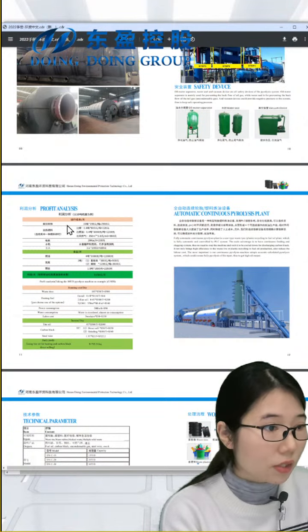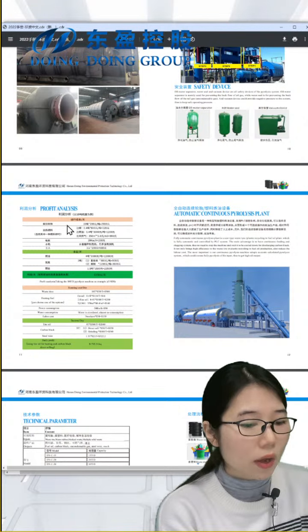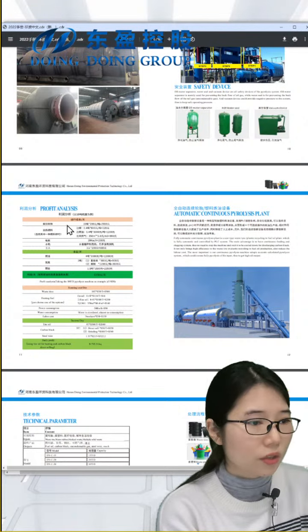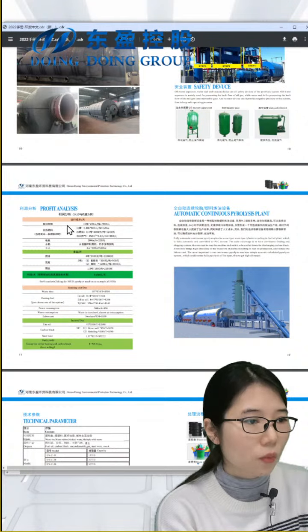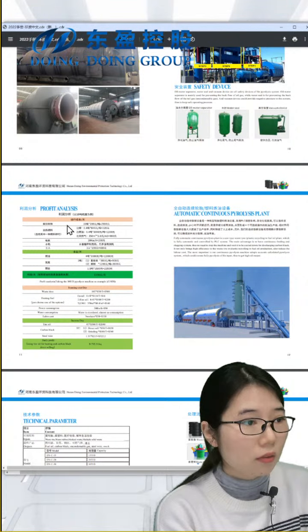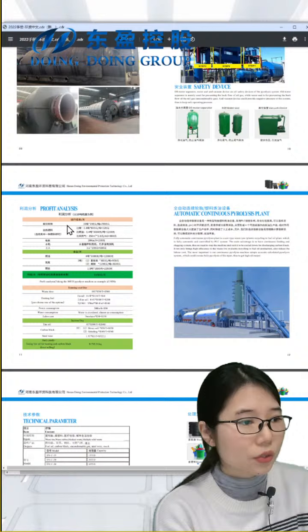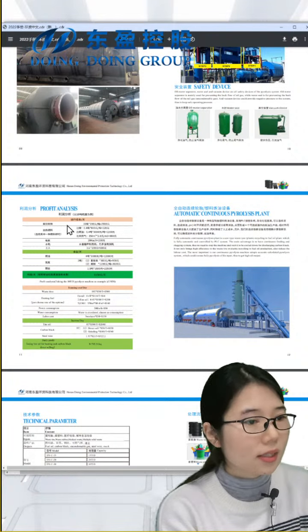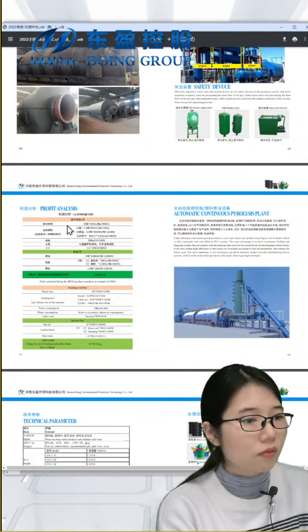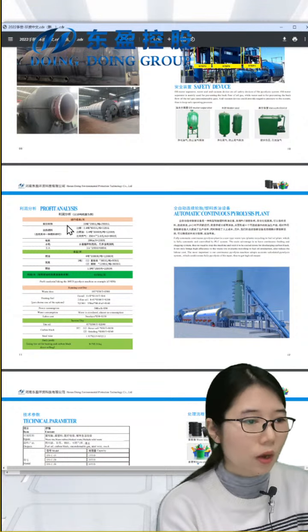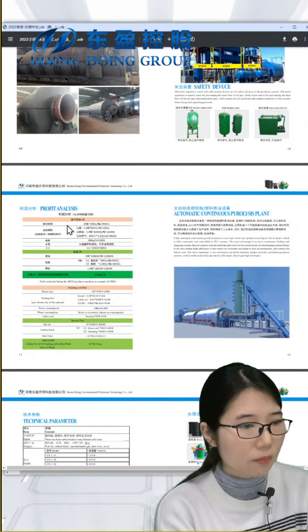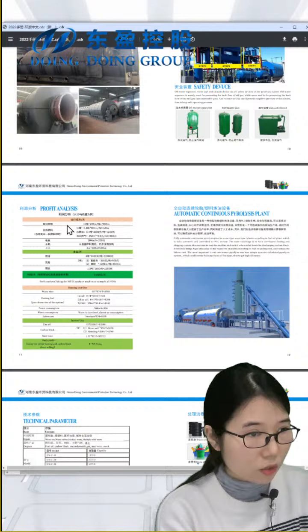For the steel wire, you can sell it to the steel factory. So you will get 1.5 ton steel wire per day from the 10 ton of tires. And the steel wire price is about 1,500 per ton, so you will get 2,250 Chinese yuan per day.